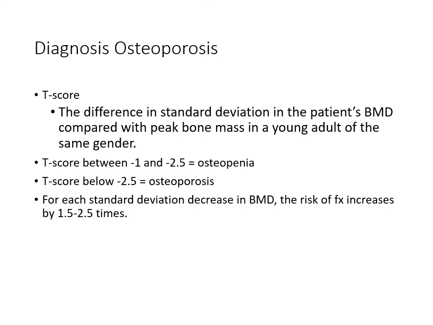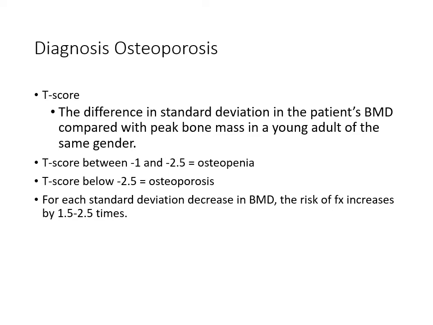Another diagnostic measure is T-score. It is the difference in standard deviation. You must have heard about standard deviation in statistics. So the difference in standard deviation in the patient's BMD compared to peak bone mass in a young adult of the same gender. Suppose it's a female patient, you are comparing the difference in the standard deviation of that female patient's bone mass density to the peak bone mass of a young female adult.